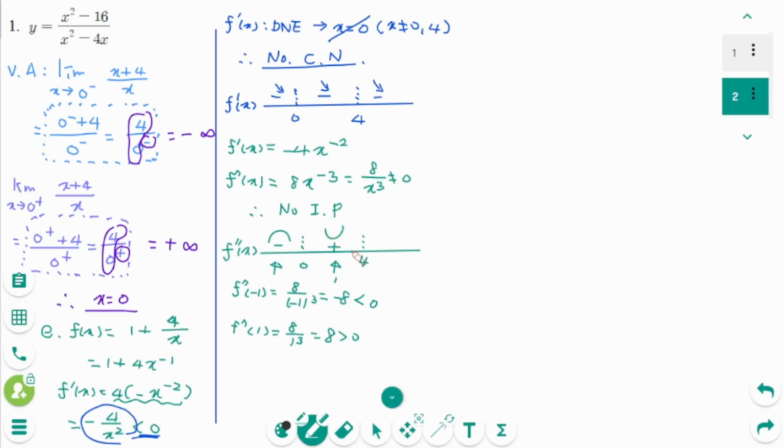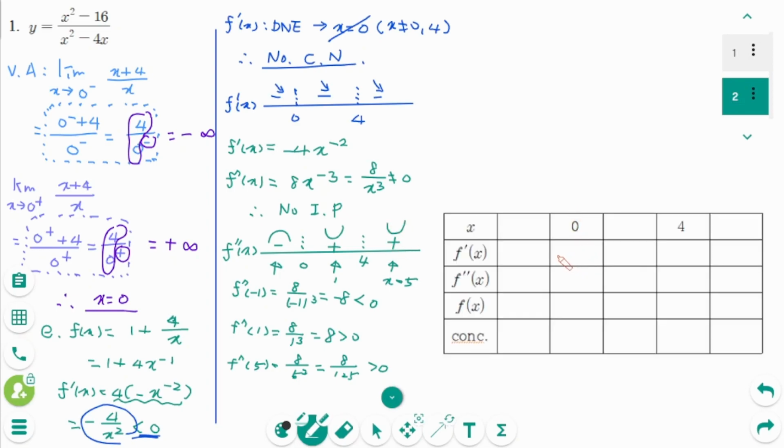Positive means concave up. When the testing number is 5, f double prime of 5 equals 8 over 5 cubed, which is 8 over 125, which is positive, concave up.